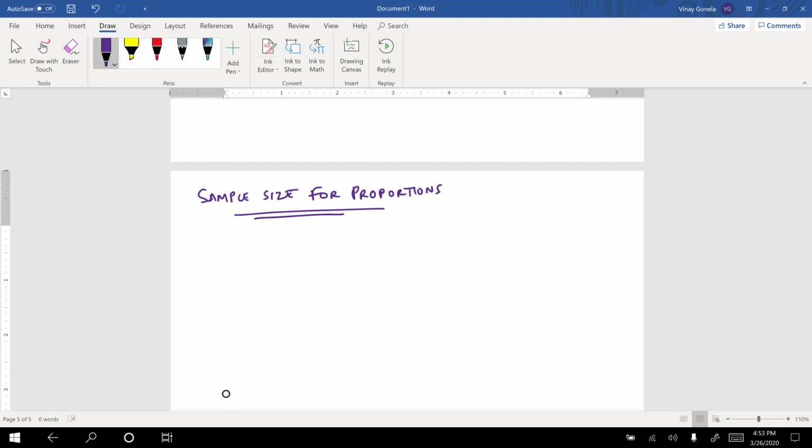So the formula for this is n is equal to z alpha over 2 divided by the error whole square multiplied by p hat 1 minus p hat.